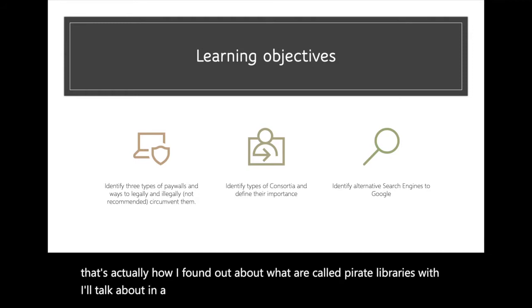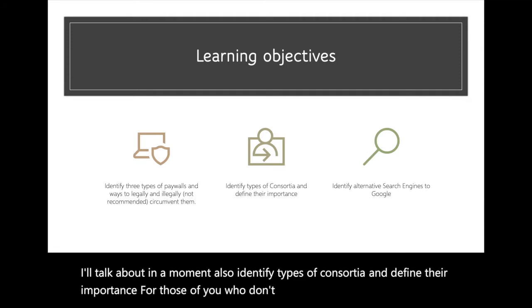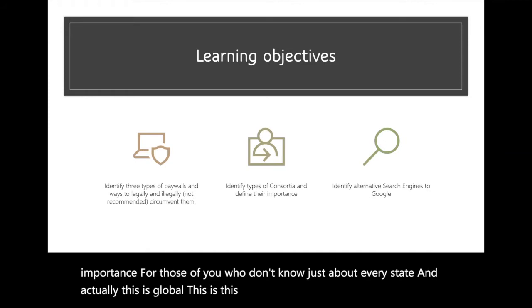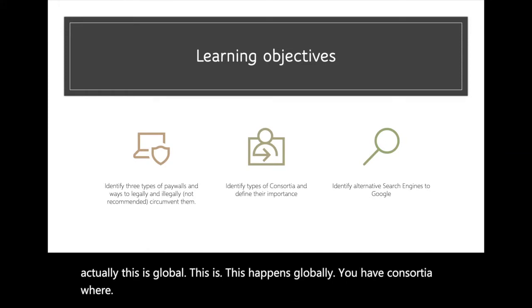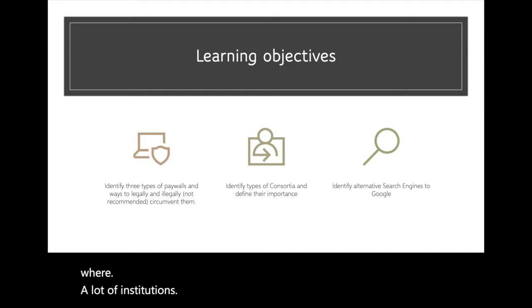Also, you should be able to identify types of consortia and define their importance. For those of you who don't know, just about every state has them, and actually this happens globally. You have consortia where a lot of institutions, be it academic, information science related, and educational organizations, share resources.